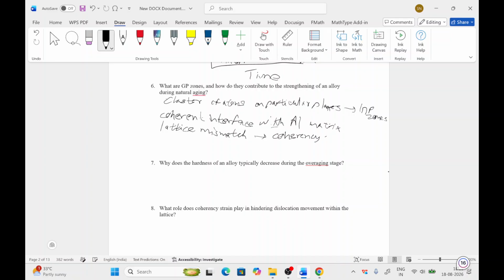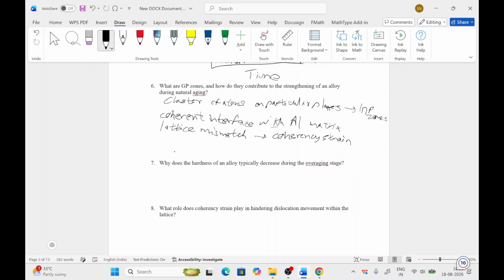So this coherency strain increases with decrease in coherency. This coherency strain reacts with the dislocation movement, and it hinders dislocation movement from the precipitate to the aluminum, or from the aluminum matrix to the precipitate.